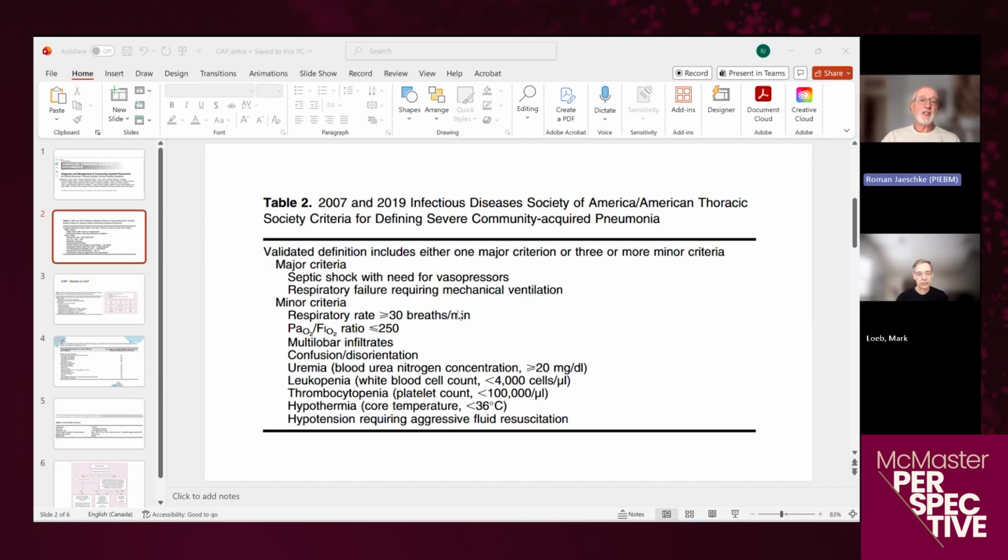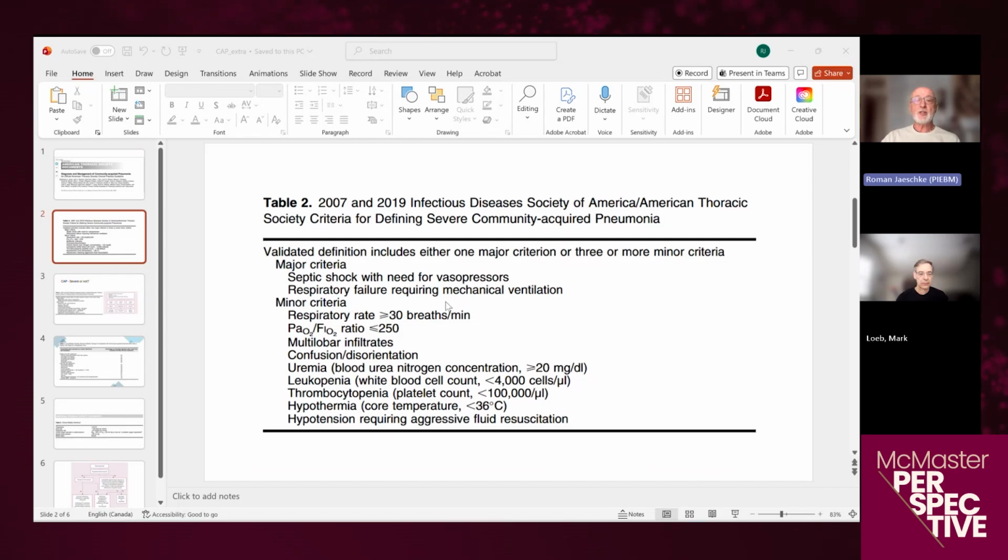There are major criteria, which are a no-brainer: septic shock with need for vasopressors and respiratory failure requiring mechanical ventilation, obviously in the presence of a clinical syndrome consistent with pneumonia with radiological or ultrasound evidence of infiltrate.